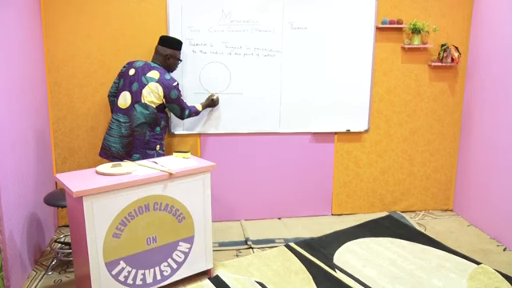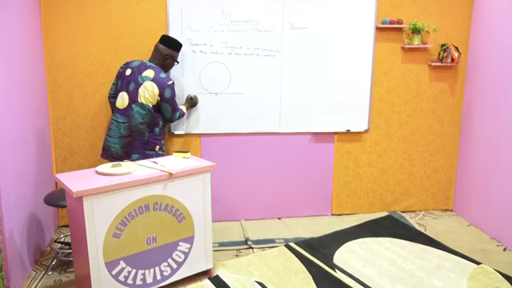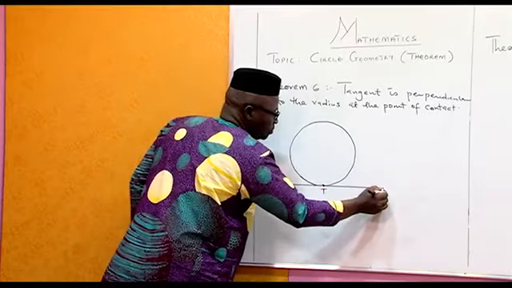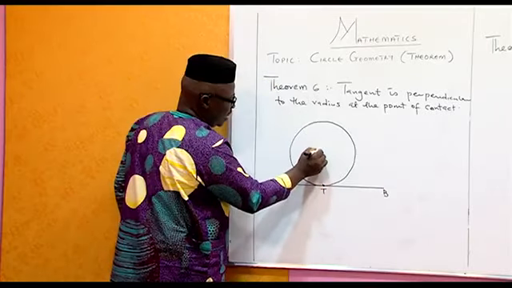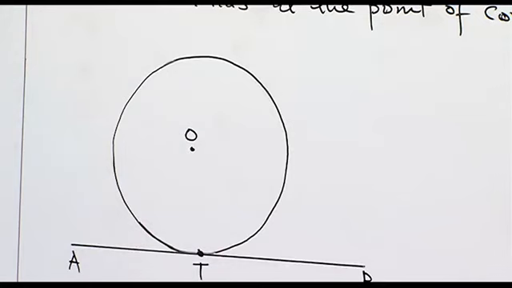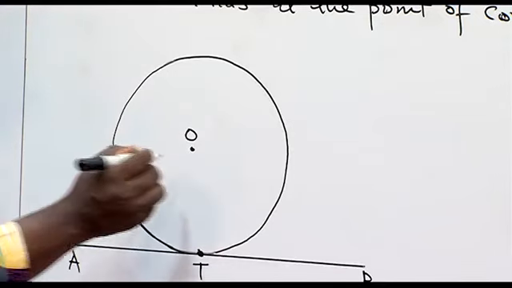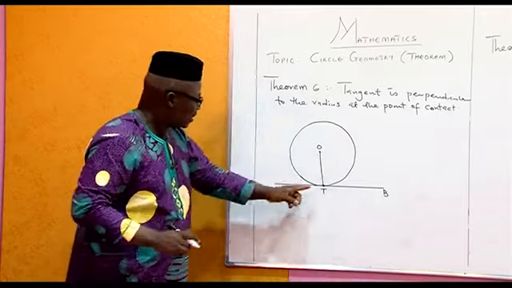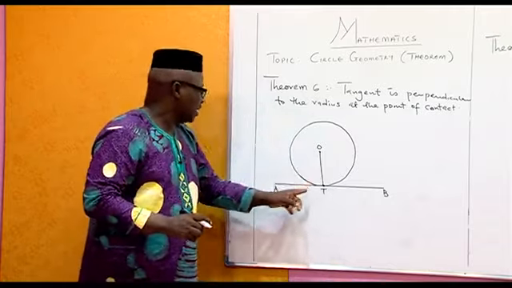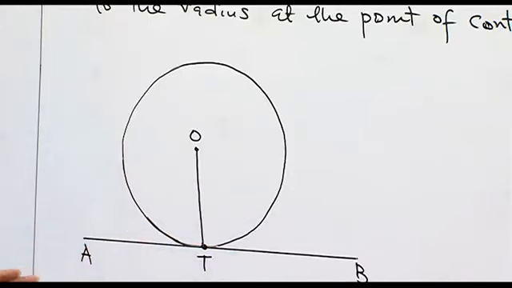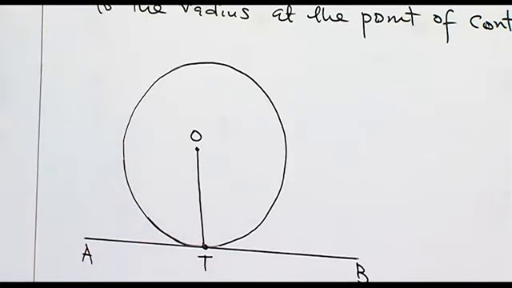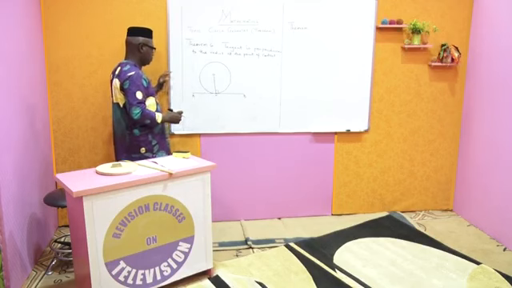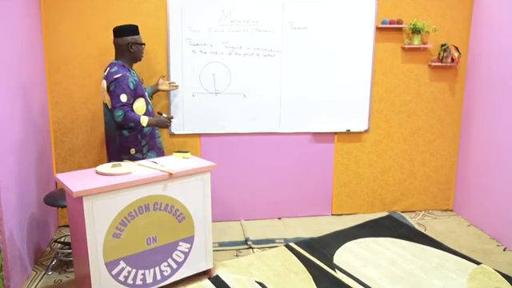If this point of contact is T, this is A and this is B, and this is the center of the circle, O, if I draw a line from the center of the circle to point T, where the tangent makes a contact with the circle, then the angle between them is going to be 90. That is what the theorem is telling us.